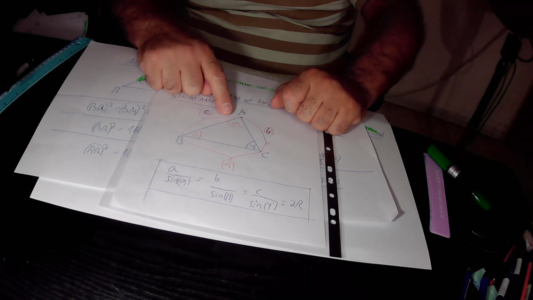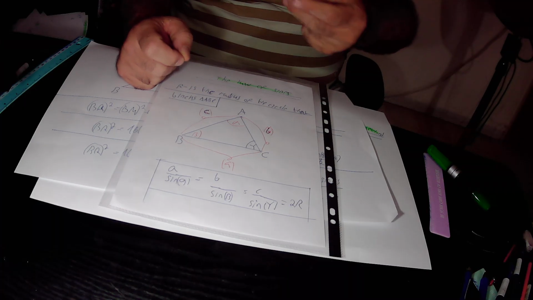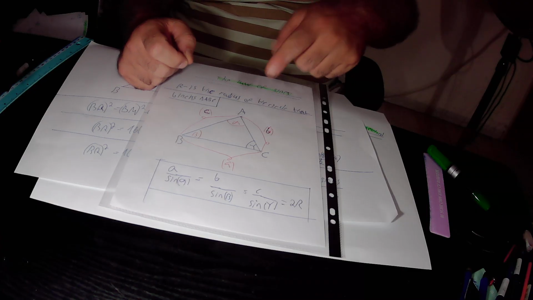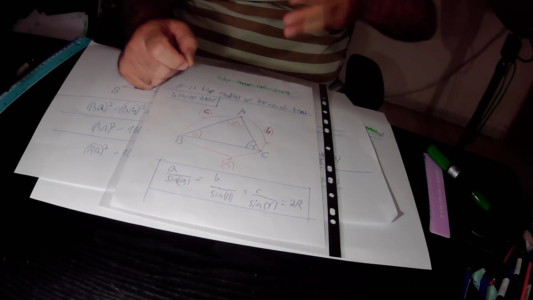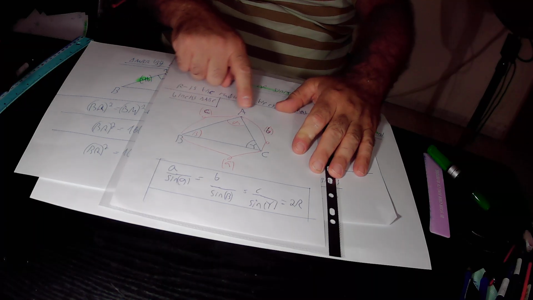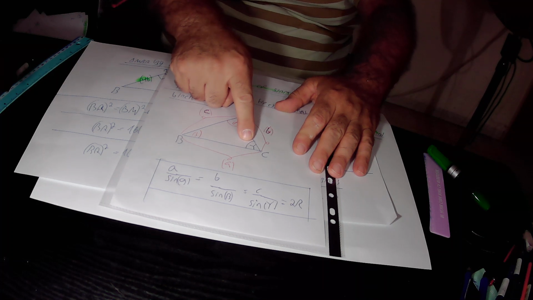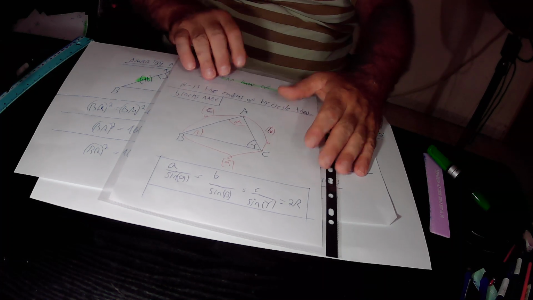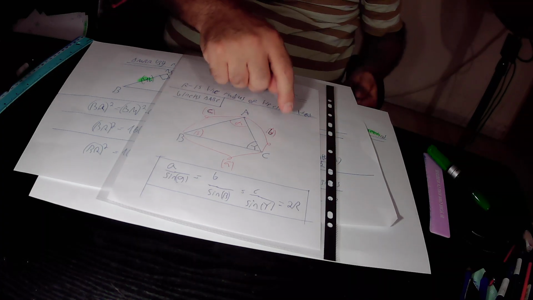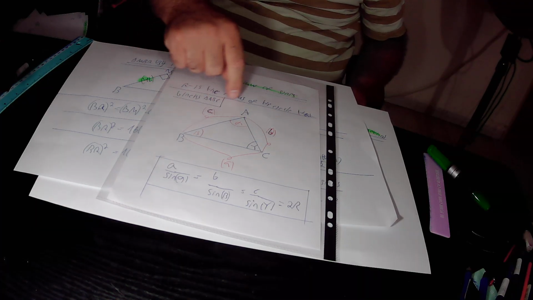This is angle alpha, this is angle beta, this is angle gamma. According to the law of sines, in any triangle the following equation is true: a over sine alpha equals b over sine beta equals c over sine gamma equals 2R. And 2R is the diameter of the circle that circumscribes triangle ABC.